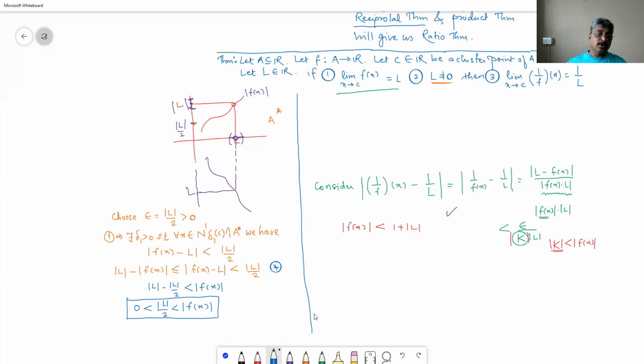Okay. So you can consider this as a lemma for proving the ratio theorem. And now let me write down the steps for this theorem. I was writing it in green. Proof: let epsilon greater than 0 be given.